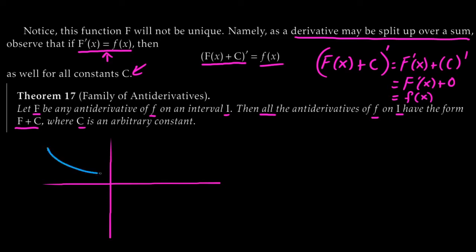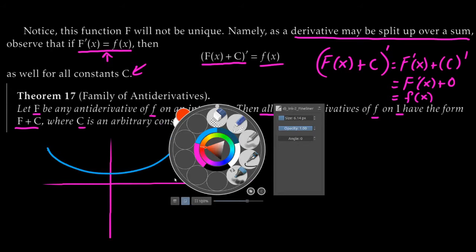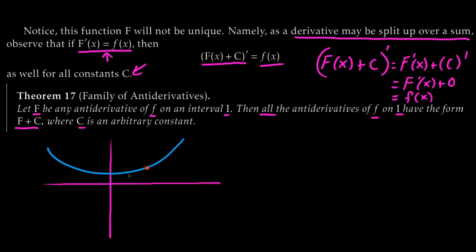So say you have this little parabola, yeah? Pick a point on it. Here, we could grab a tangent line through that point.